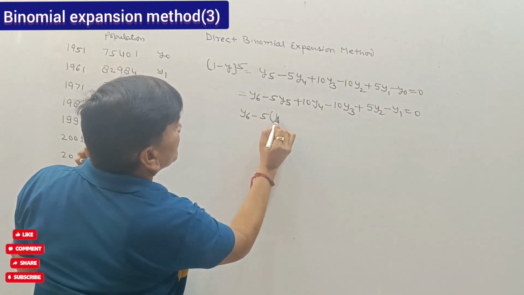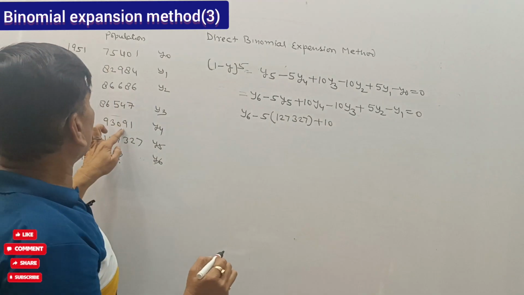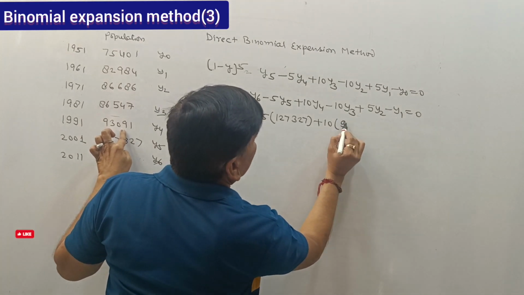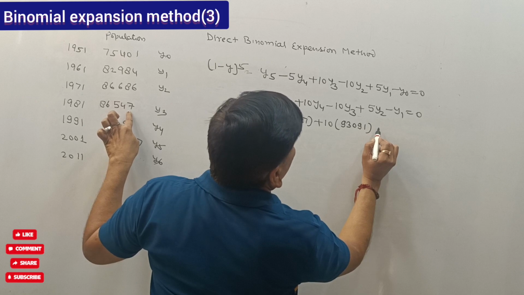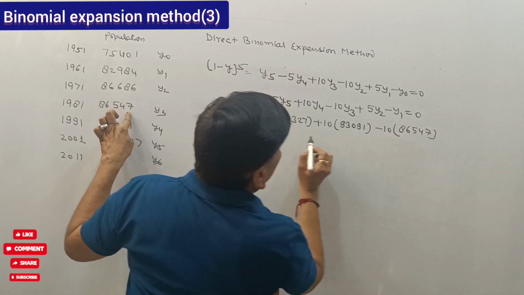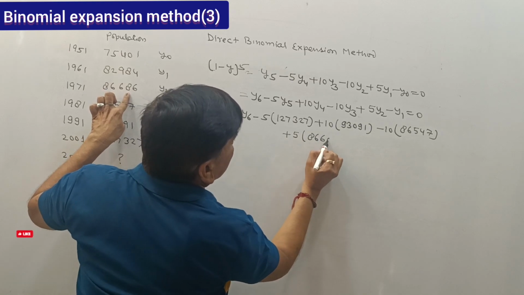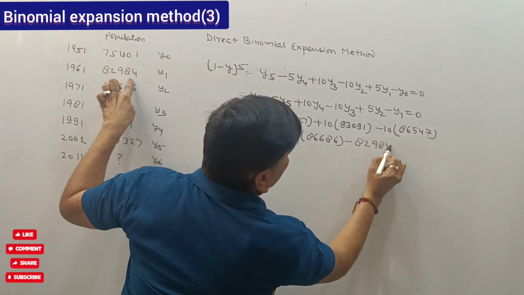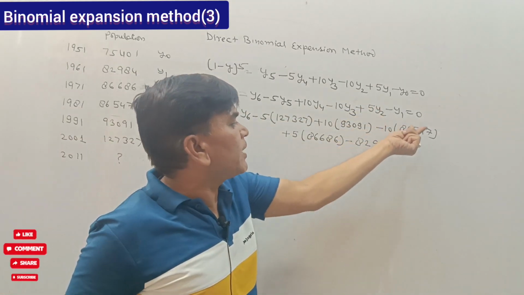Minus 5 multiply 127327 plus 10 times y4, whose value is given, that is 93091, minus 10 times 86547 plus 5 times 86686 minus 82984 is equal to 0. So we have put the values of y5, y4, y3, y2 and y1 in this equation.